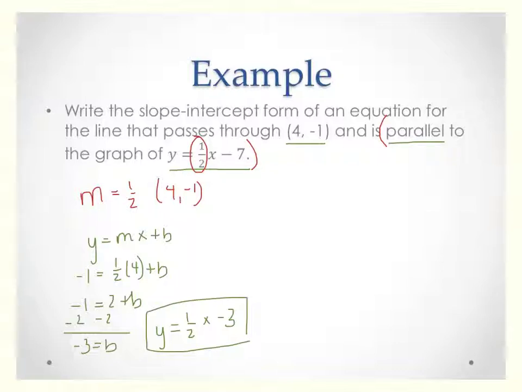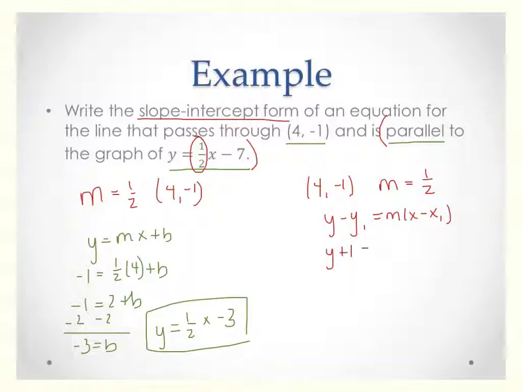The other way is, since I have a point and a slope, you could do point slope form. Okay, remember point slope form, and then you want to rearrange it because it specifically asks you for slope intercept. But this is one reason we practiced rearranging in the last, 2 sections ago now, I guess.